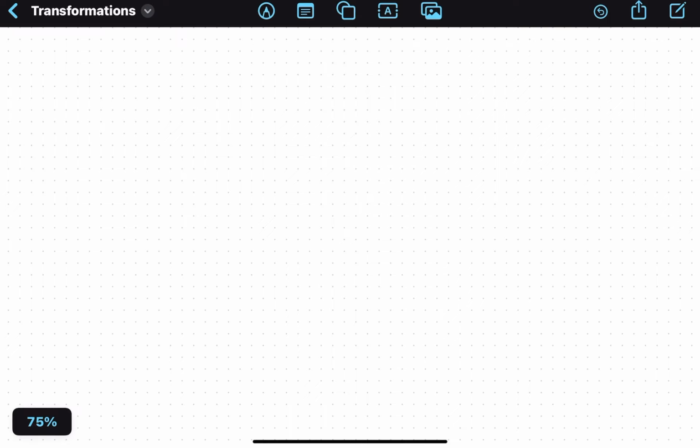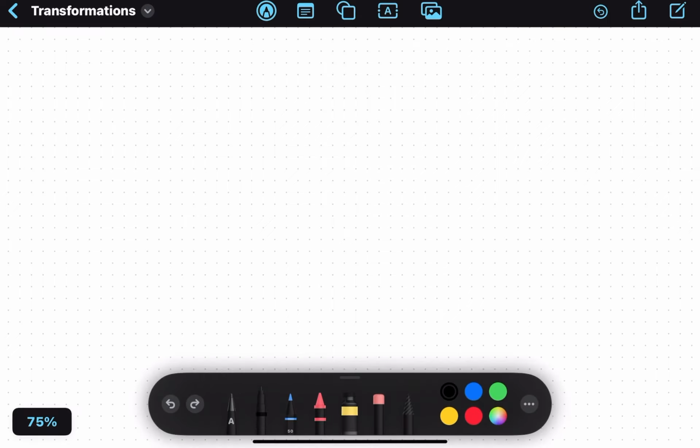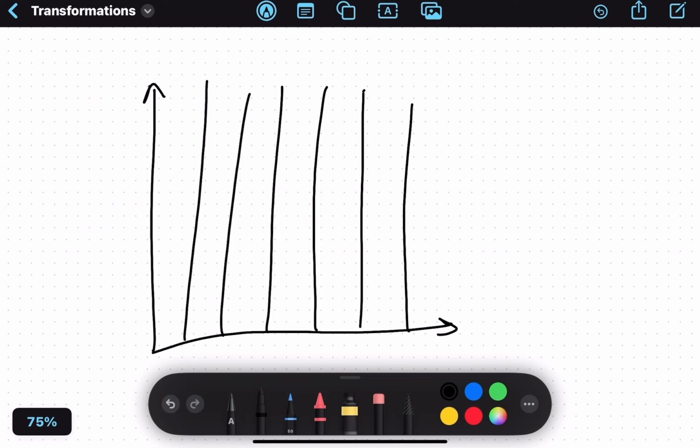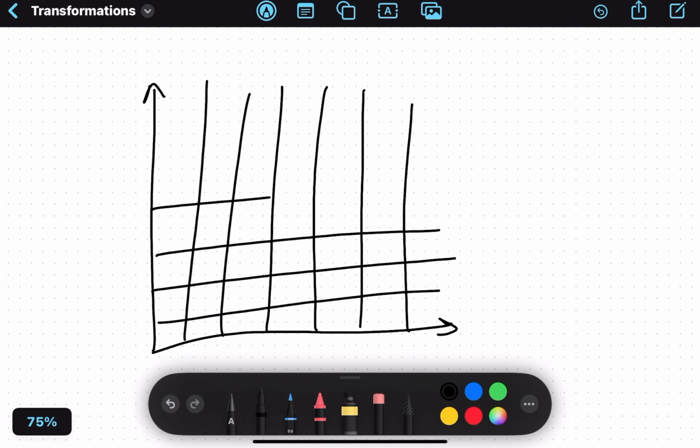I will just make my own graph. So let's say we have a coordinate plane right here, okay, so that's pretty similar to graph paper.